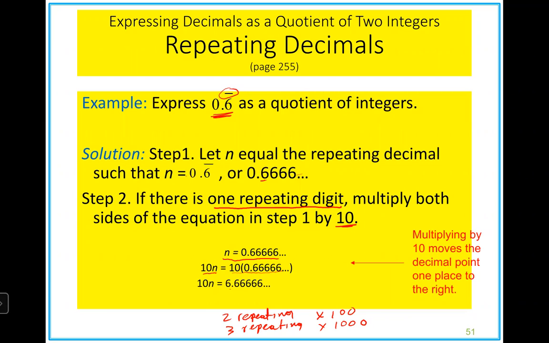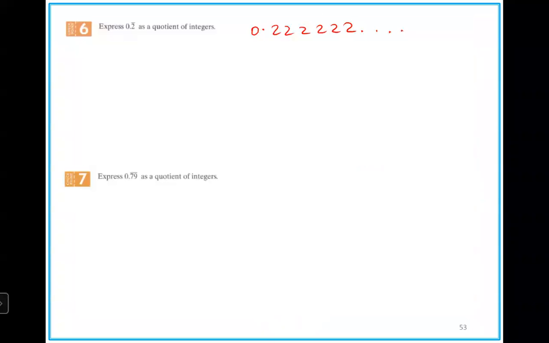Look at step 1. What does step 1 say? Let n equal the repeating decimal. We don't have to use n, but let's say we're using n. Let n equal, and what's the repeating decimal? 0.2222. So how many digits are repeating?